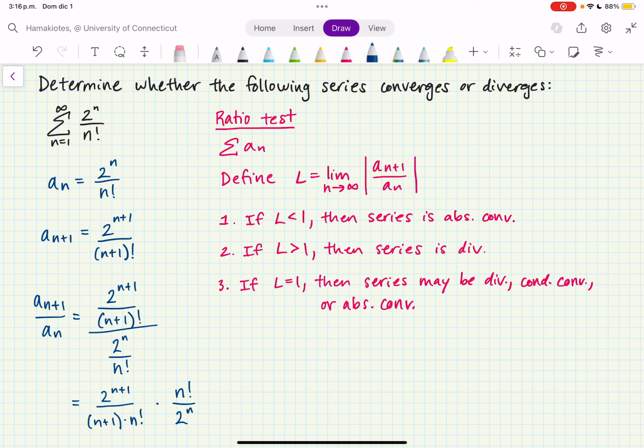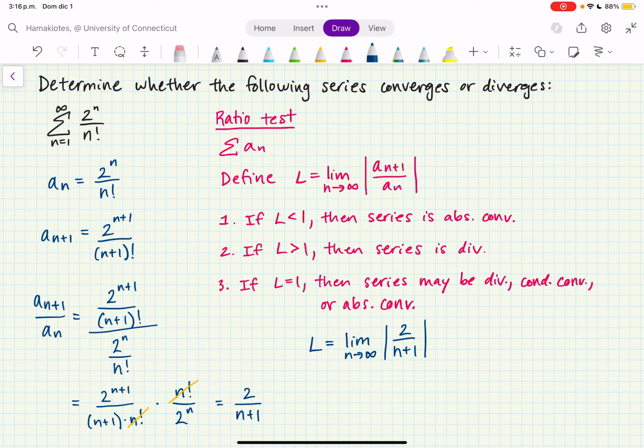So now I see that the n factorials cancel out, and I have 2 to the n plus 1 over 2 to the n. So that is just equal to 2. So now I have 2 over n plus 1. So L is the limit as n approaches infinity of the absolute value of 2 over n plus 1.